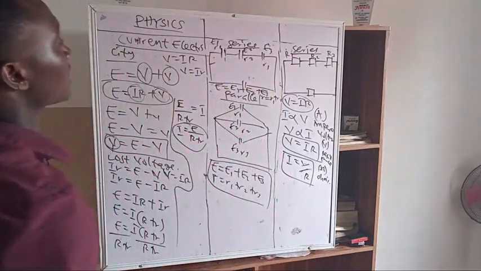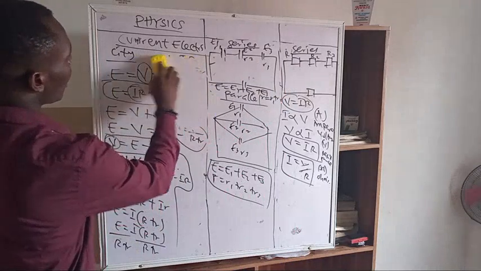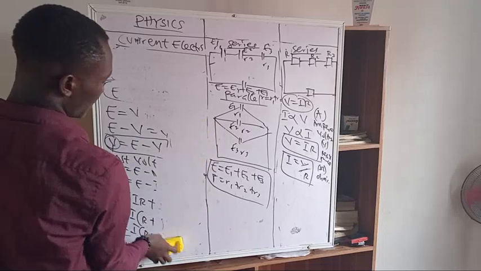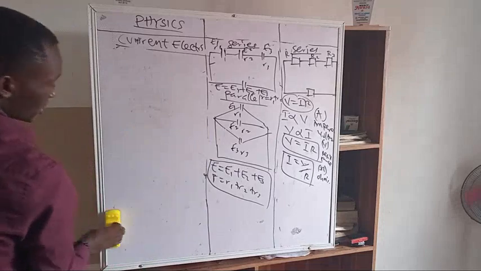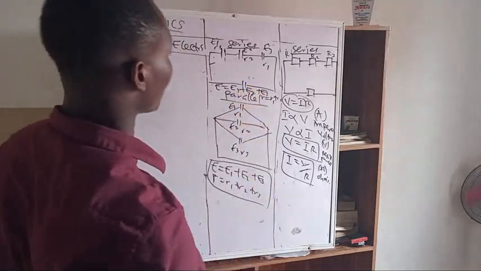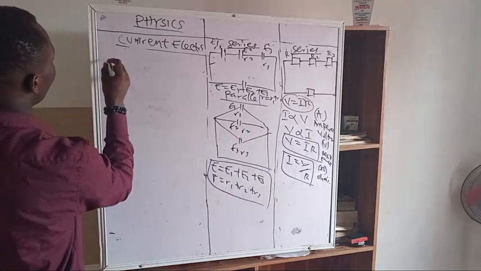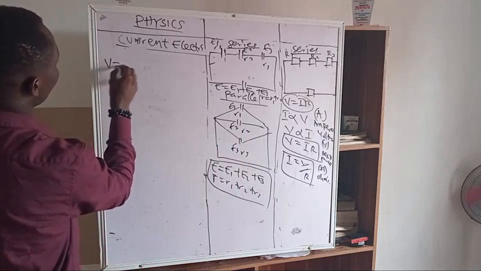Okay, so basically, let's quickly see the analysis on the series and the parallel connection of the resistor before we end the video. Now when you talk about the series arrangement of resistors, that's what we have on the board. So what's going to happen? You have your V is equal to IR.